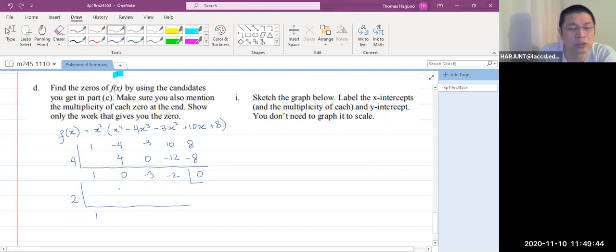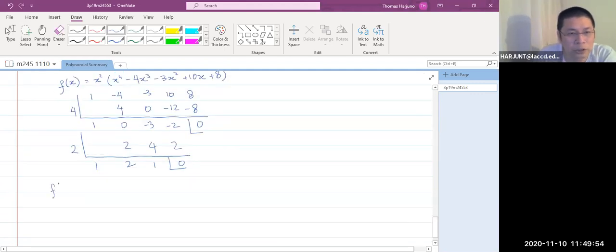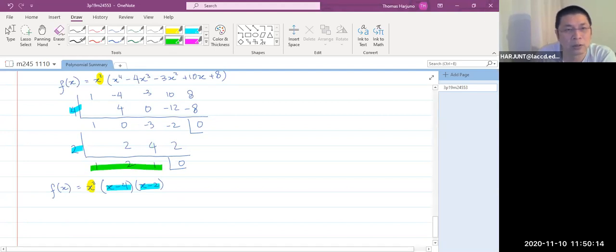Now let's go on. So this is 1, 2, 2, 4, 1, 2, 0. At this point, our function is already factored this way. Remember the x squared from up here, and then we have x minus 4, x minus 2 from here, and then x squared plus 2x plus 1.